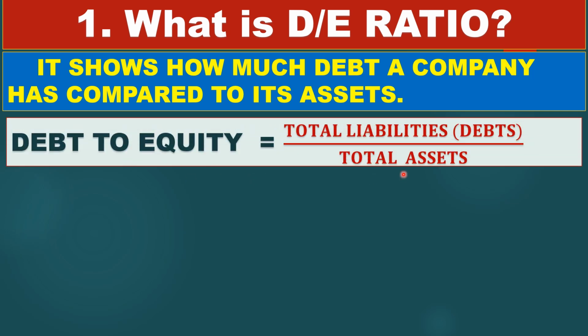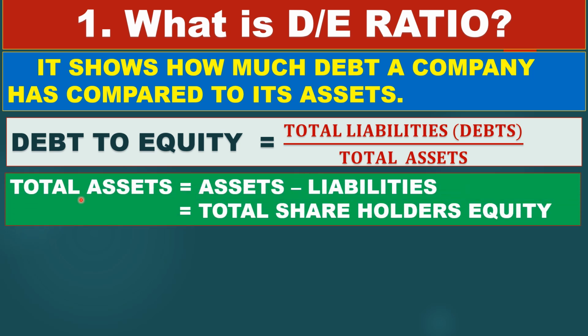By using this formula: debt to equity equals total liabilities or debts divided by total assets. Okay, total assets equal to assets minus liabilities, that is equal to total shareholders equity. Total assets is also called total shareholders equity.